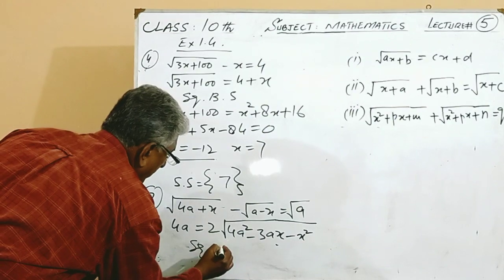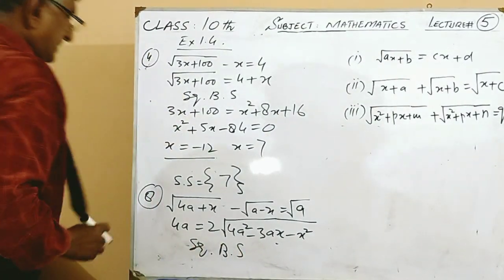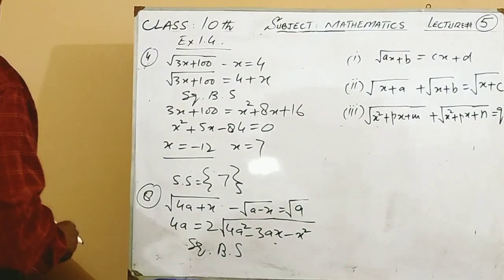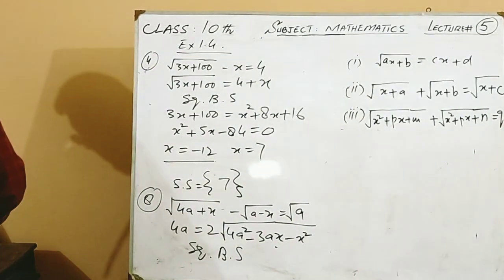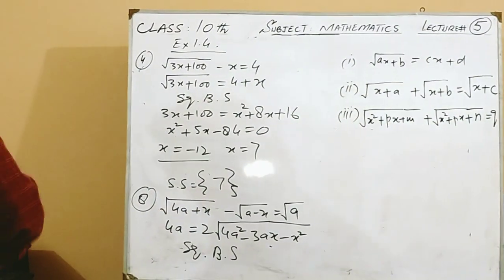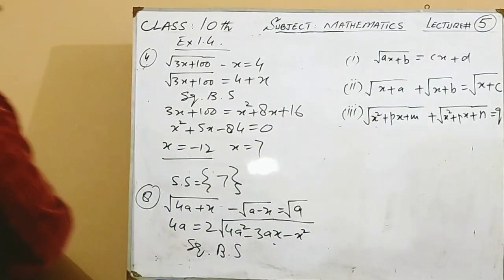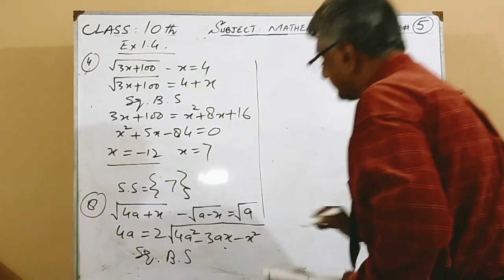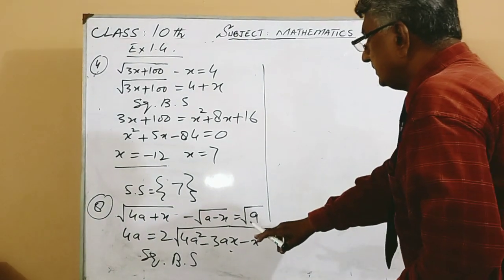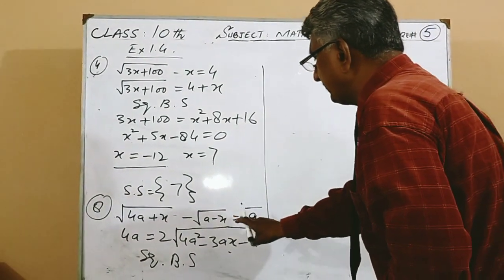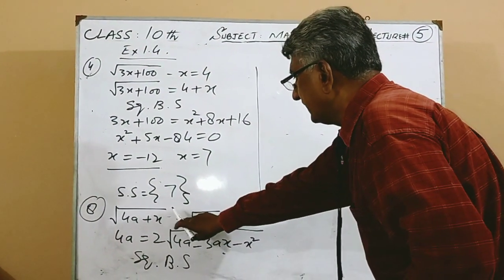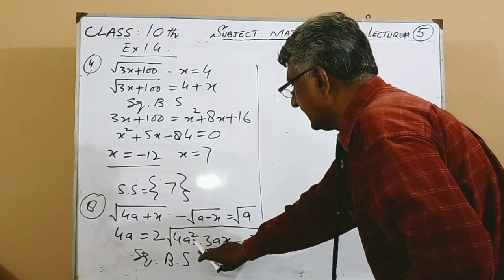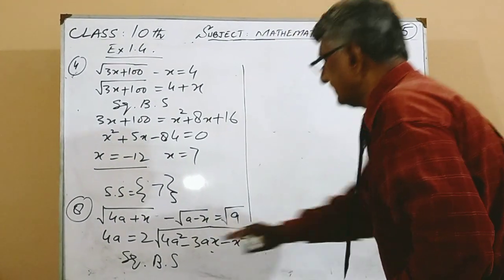After squaring both sides, you will get another equation. In this question 8 two times you have to square both sides. First time here, and then second time you have to square both sides here.